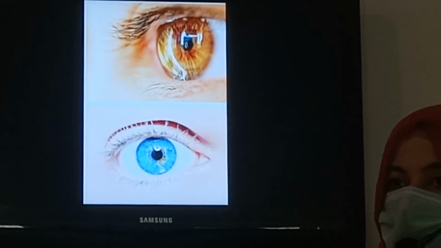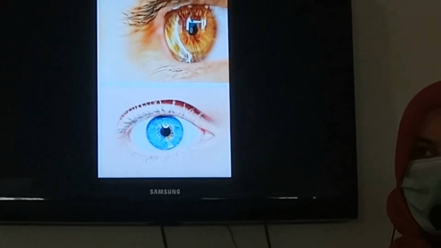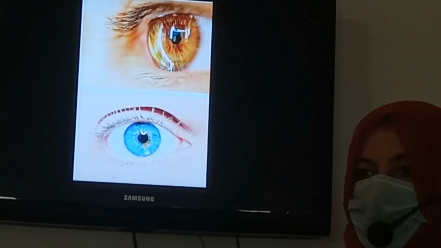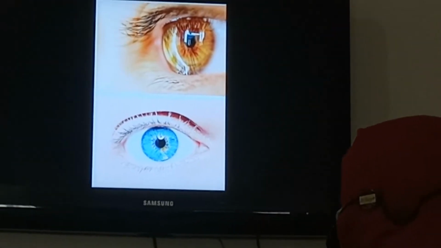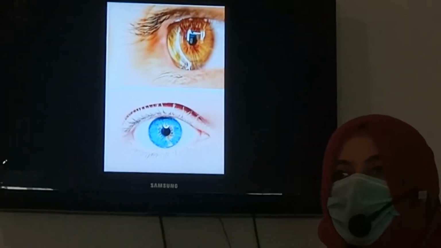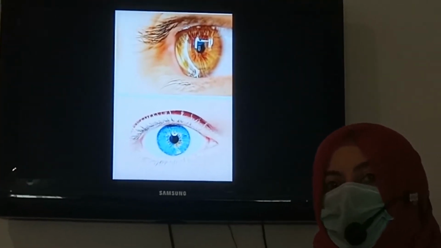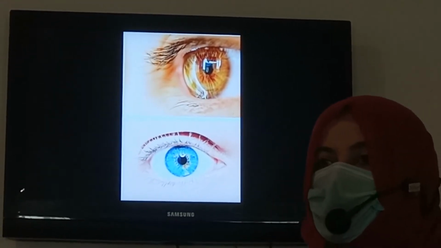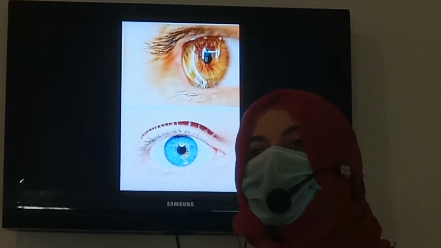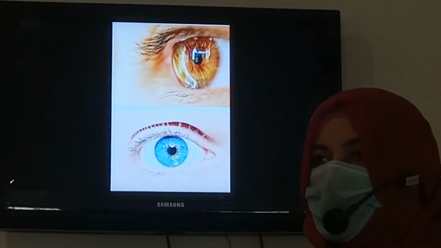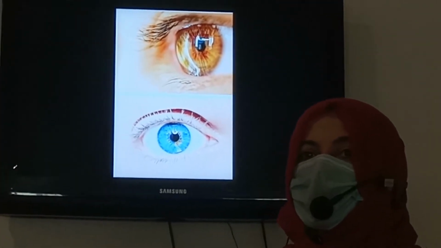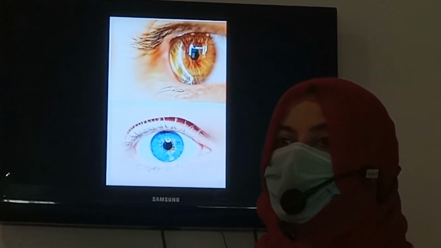Can anyone tell the reason for its transparency? Avascularity. Yes, avascularity is one very good reason for its transparency. If I ask you what the layers of the eyeball are, can anyone recall? The eyeball has three layers: the outer fibrous layer, the vascular, choroidal or uveal layer, and the retinal or neuronal layer.